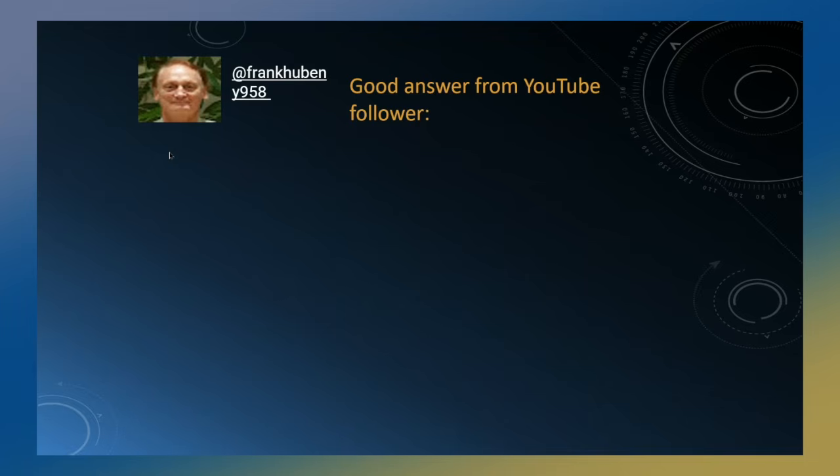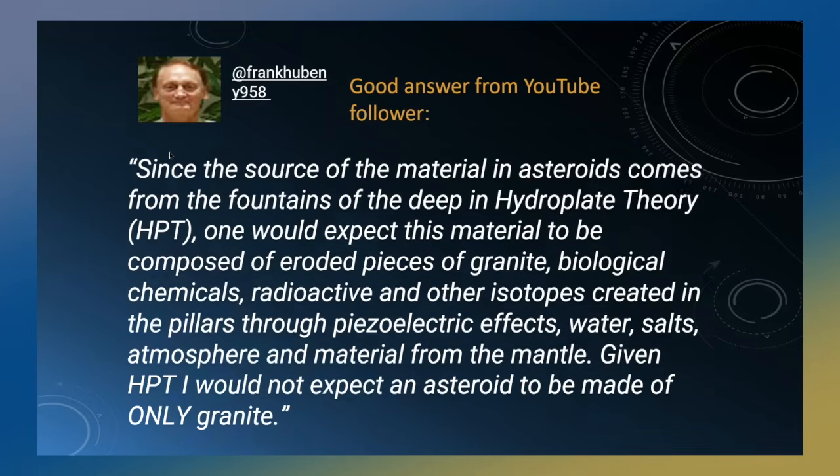Well, in answer to that question on the YouTube channel, a Frank Hubeny, I believe that's how you pronounce that, he had such a good answer that Kevin and I decided to start off with that.